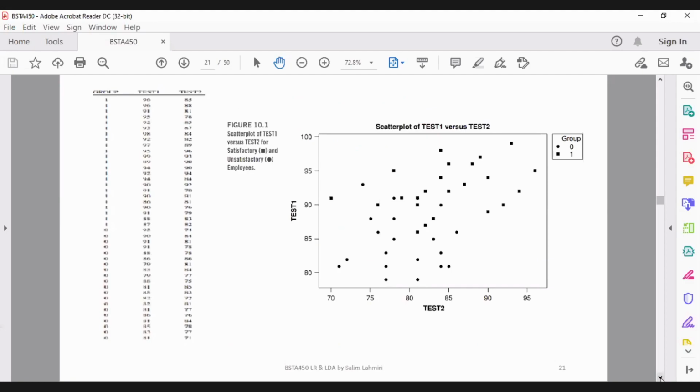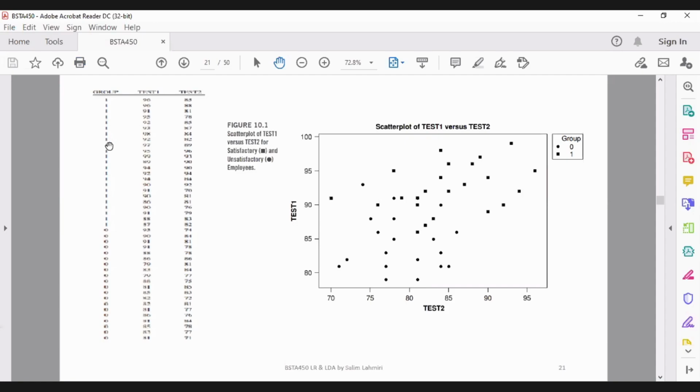This is an example showing scatter plots of test 1 versus test 2 for satisfactory and unsatisfactory employees. The employees have undergone a test, and we want to classify test results into two groups: a group of satisfactory results and a group of unsatisfactory results.